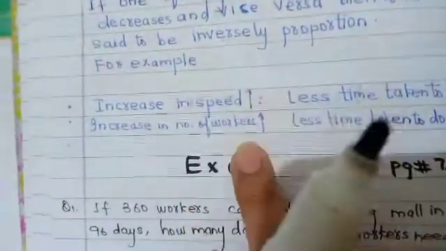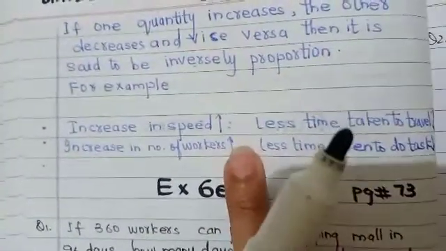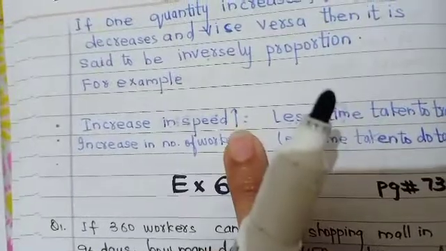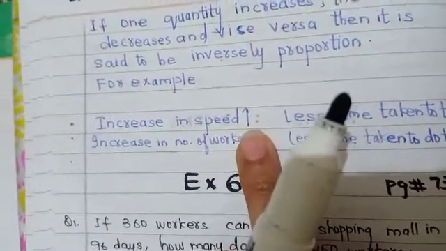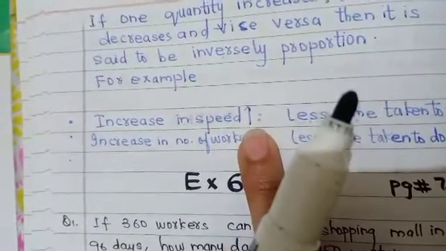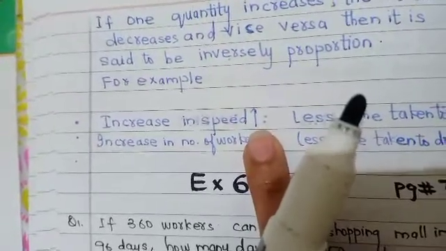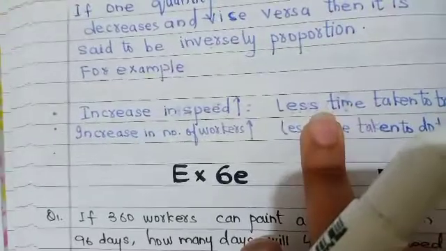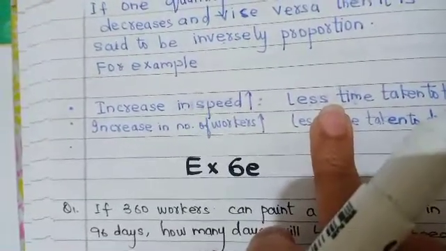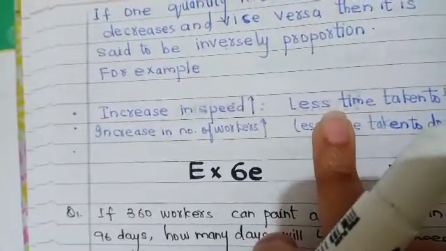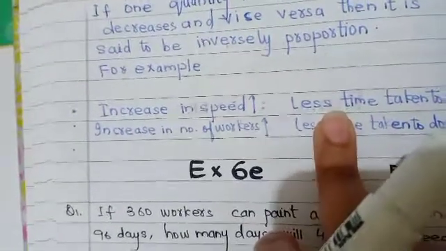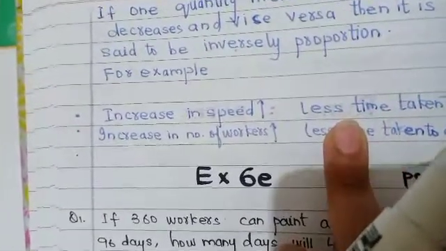Now what are the examples of inverse proportion? There are some real life examples. If I am traveling at a speed of 60 meters per hour, I will take 2 hours to reach my destination. If I suddenly increase my speed and make it 120 meters per hour, I will reach the destination in 1 hour.